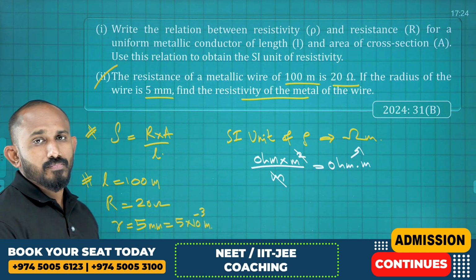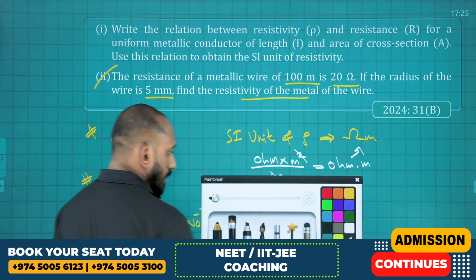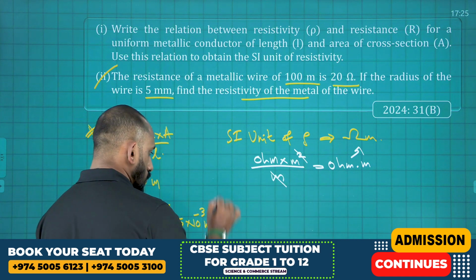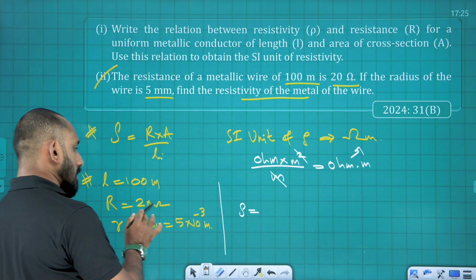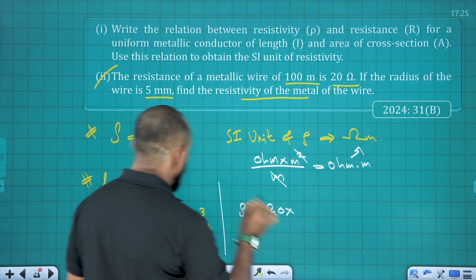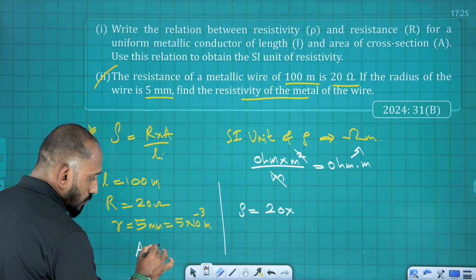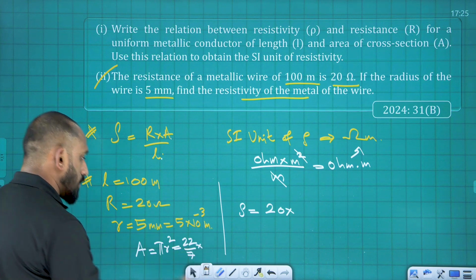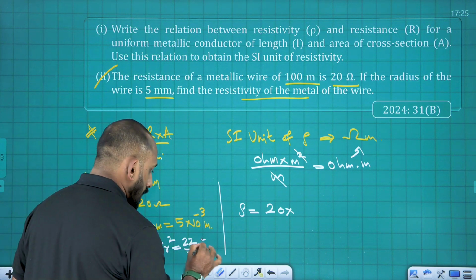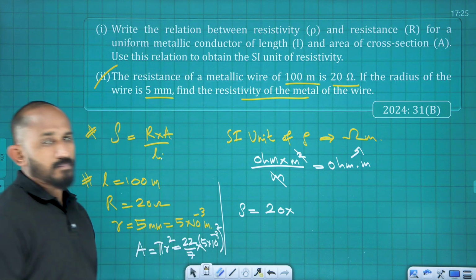See the values. Now, you have to find the resistivity. So, resistivity rho is equal to R into A divided by L. So, what is R? 20 into A, that is pi R square. So, A is equal to pi R square is equal to 22 by 7 into R, how much? 5 into 10 raised to minus 3, the whole square.